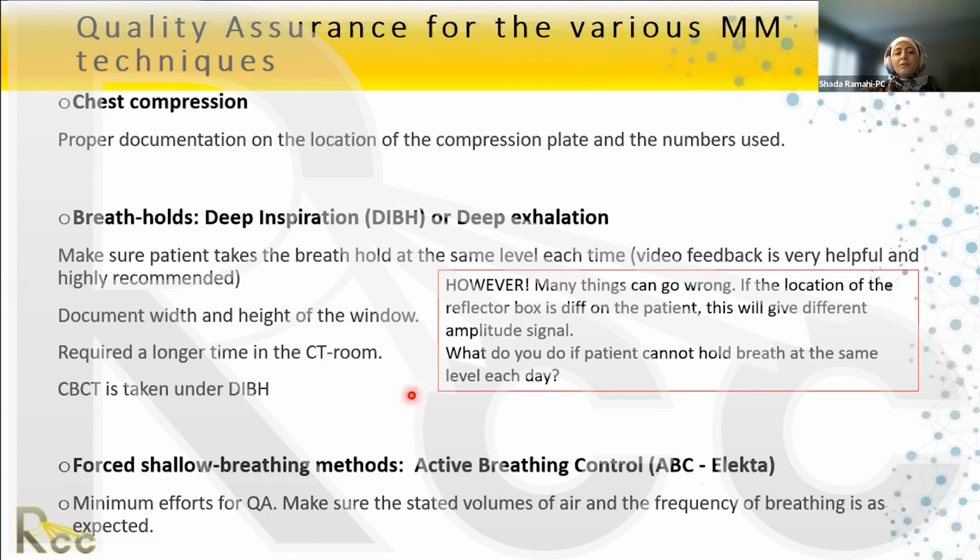The signals will not affect phase gating, so you shouldn't worry too much about that. You still need to put it in the same location, plus minus, if you're doing gating. But the signal will definitely affect your DIBH window if you put it in a different place, because the motion it's tracking will be different on different locations of the body. So it's one of the things that we have to pay attention to.